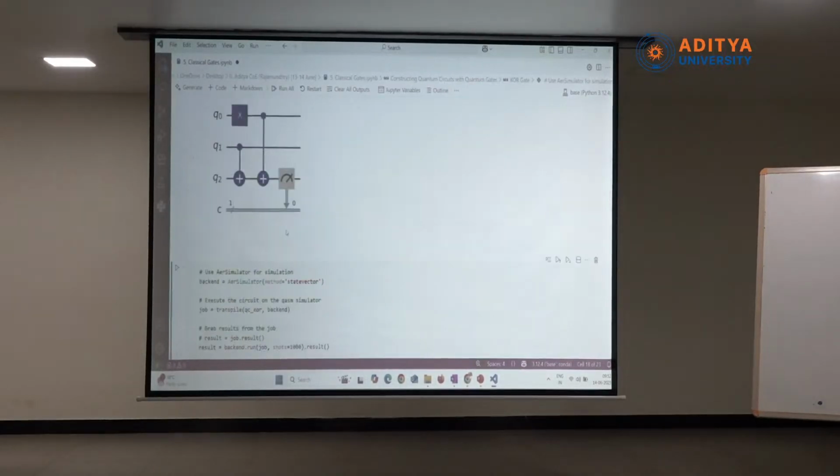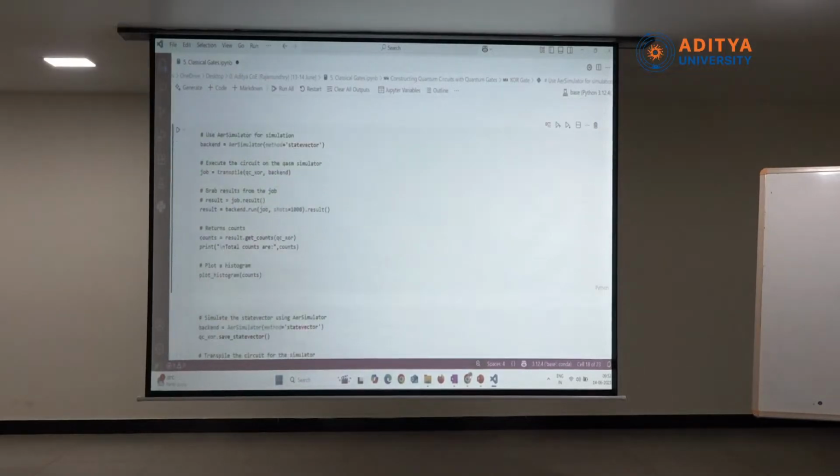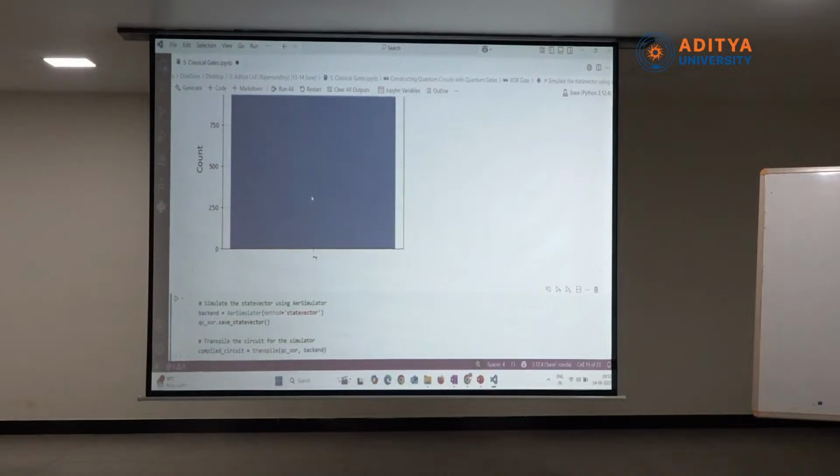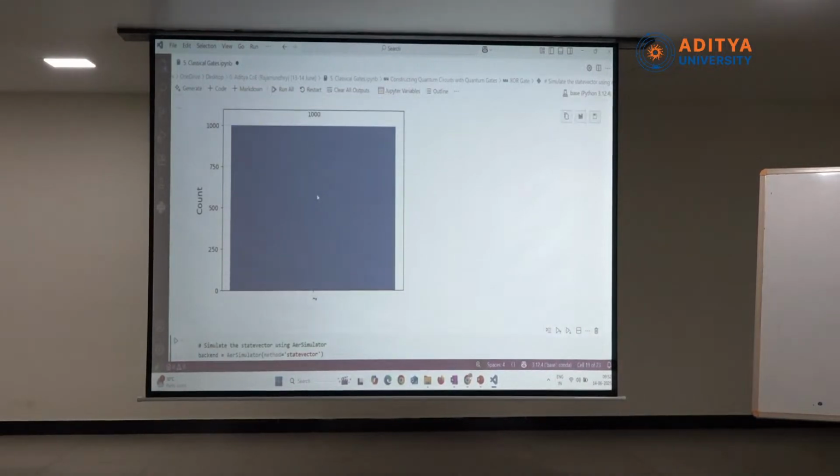Let's run this one. This is the required circuit, which we already discussed yesterday. Now this should be the histogram plot, and the output is 1. All 1000 times when I run the same circuit, it shows that 1 is measured, which means there is no noise present in this simulation.